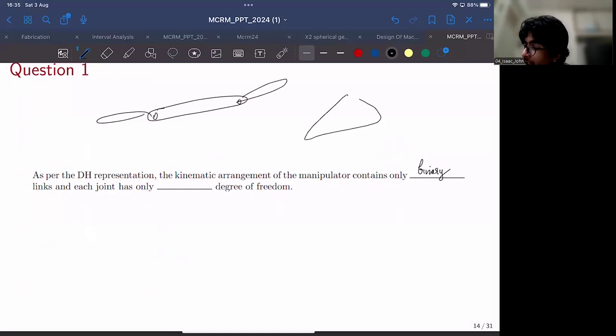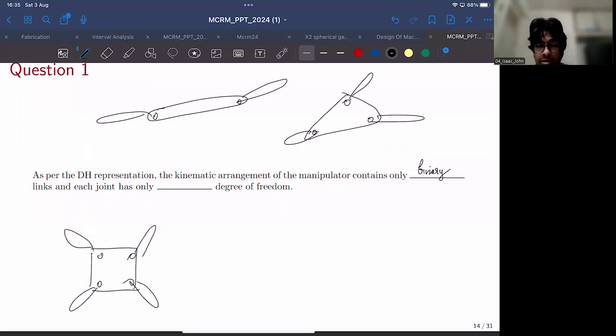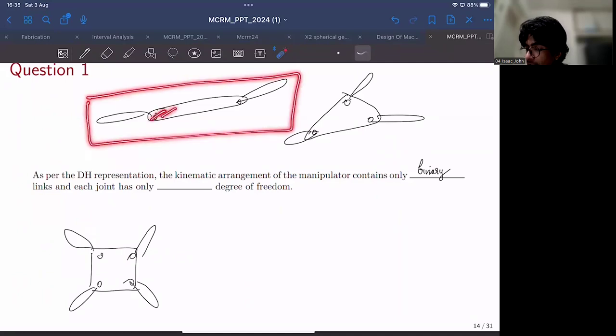There are ternary links with 3 joints, which can connect to 3 other links. There are quaternary links, which can connect to 4 other links. But in DH representation, we always assume that the links are always binary, like this.